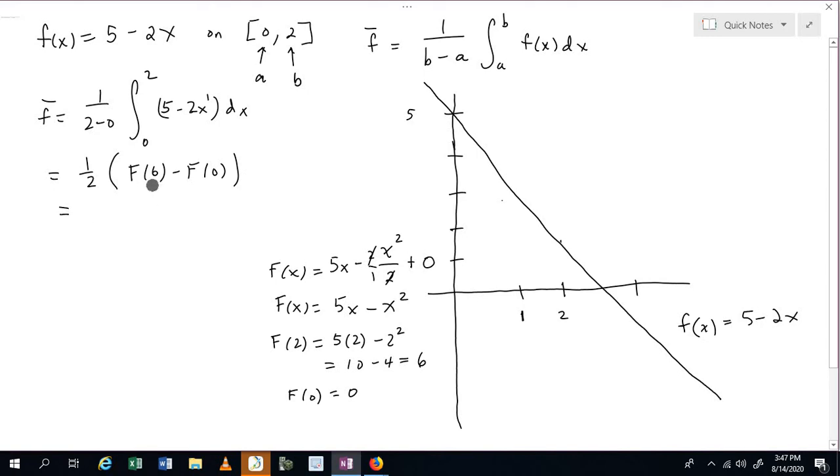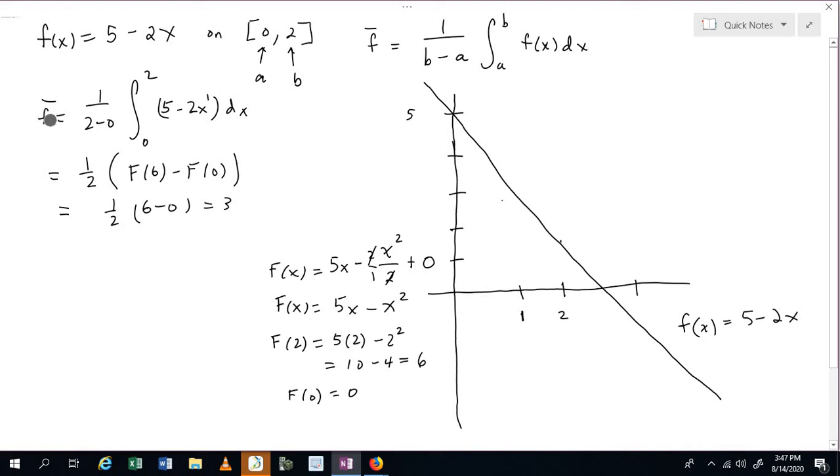So you get 6 minus 0 times 1/2, which of course is just 3.